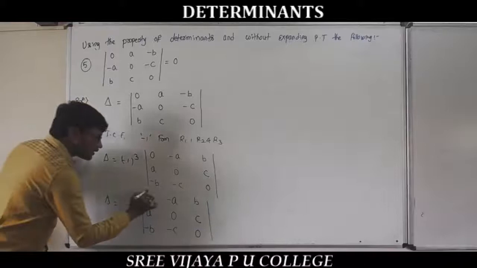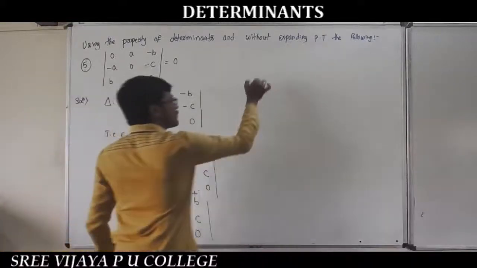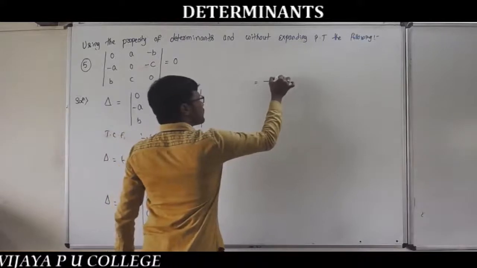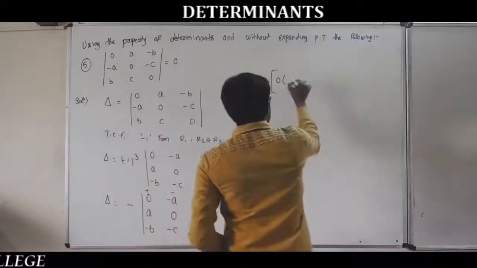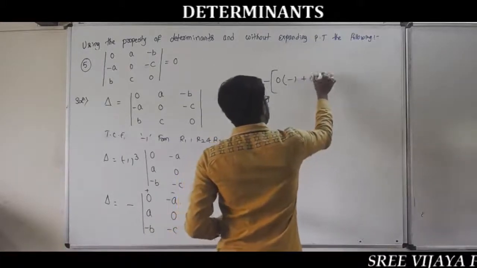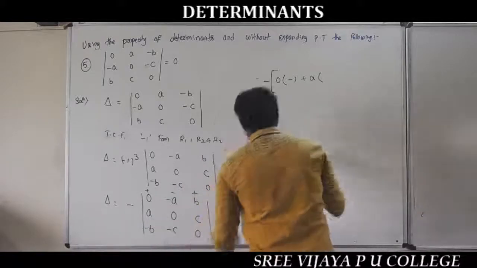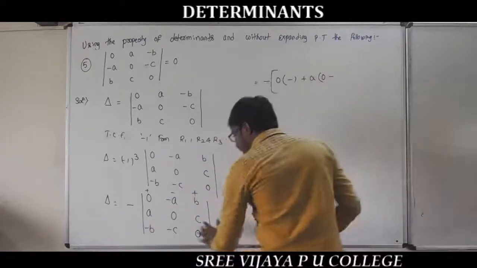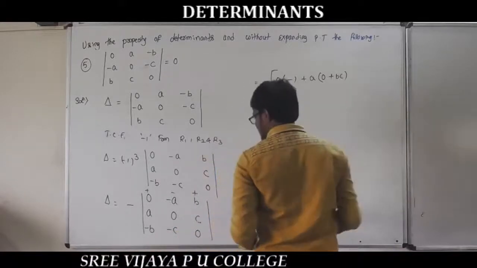Afterwards we can expand, because we have applied the properties. So that equals, for the first one, 0 of, and 0 of anything is 0 only. Next minus into minus plus a, for the plus a we use the first row, second column. A into 0 is 0, minus c into minus b, here becomes plus bc.